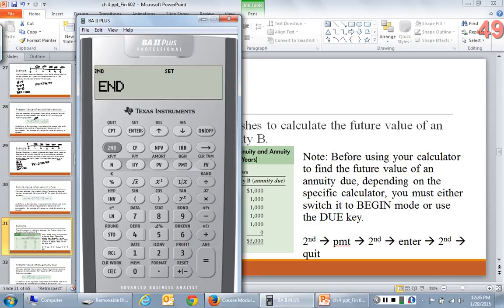So we push second and set, and that is above the enter button. So now it says begin. To get out of this, you have to push second and quit. So now our calculator is in begin mode. We know this because it has a BGN in the upper right hand corner.